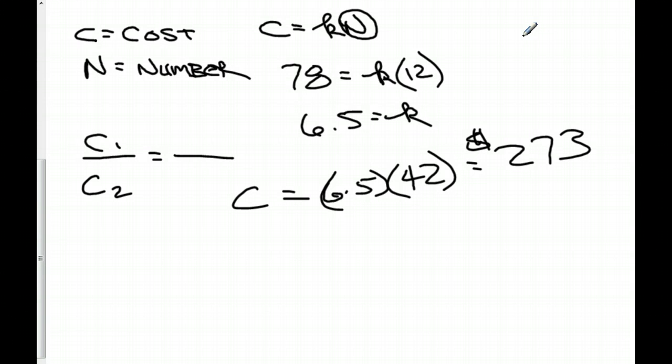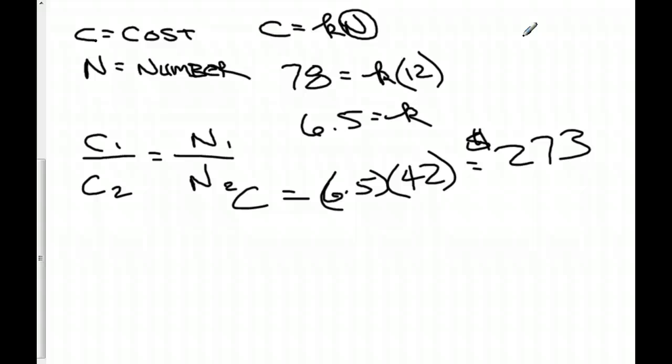C1 over C2 equals N1 over N2. Would it matter, anybody, if these were flipped around, if I had N1 over N2 equals C1 over C2? No, it just doesn't matter at all. Doesn't matter what order they go in. You're going to cross multiply the same numbers.